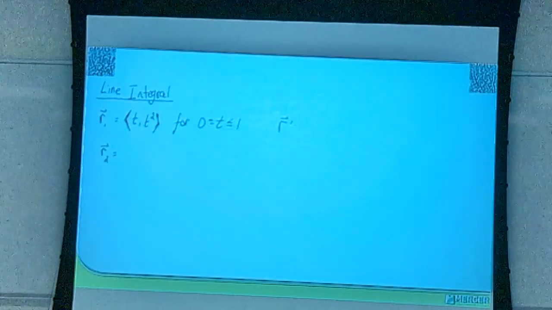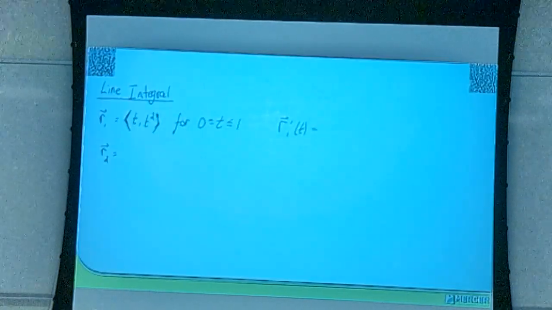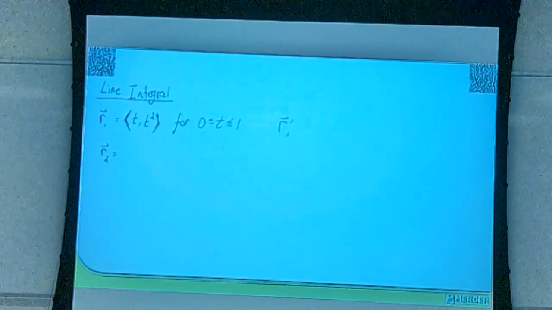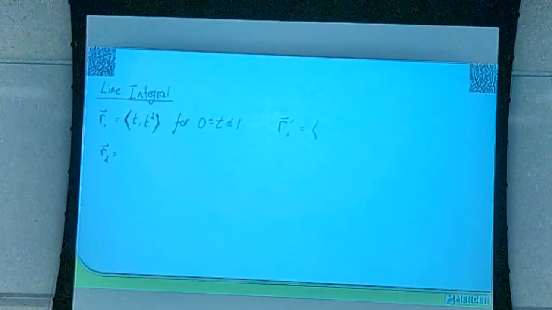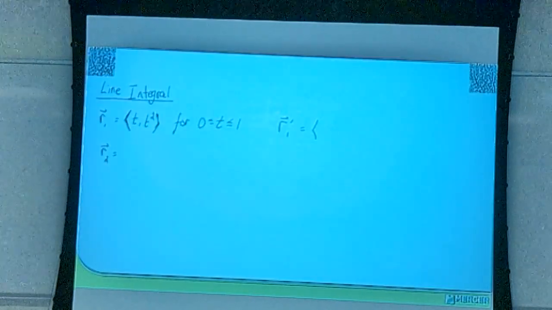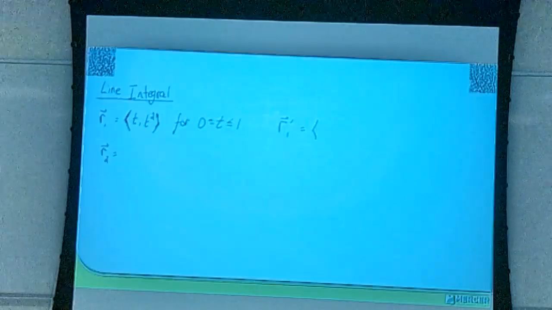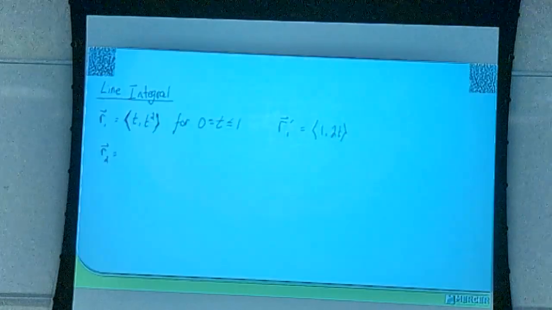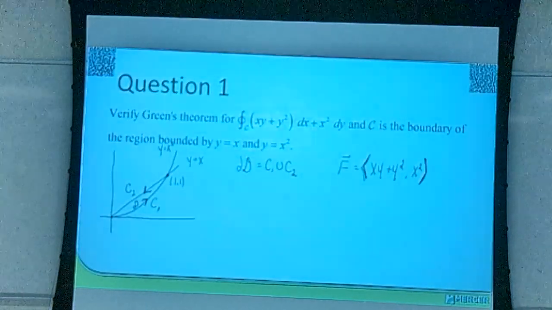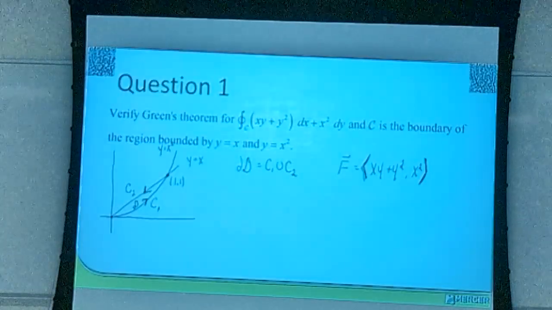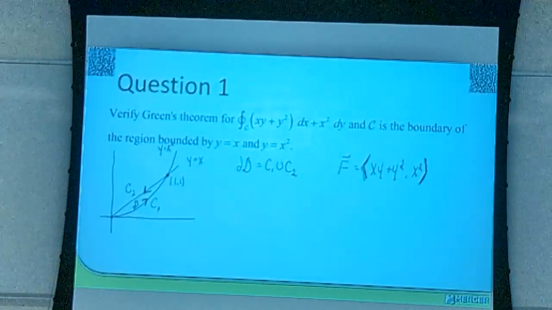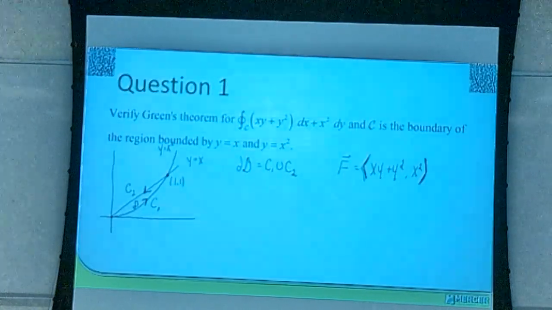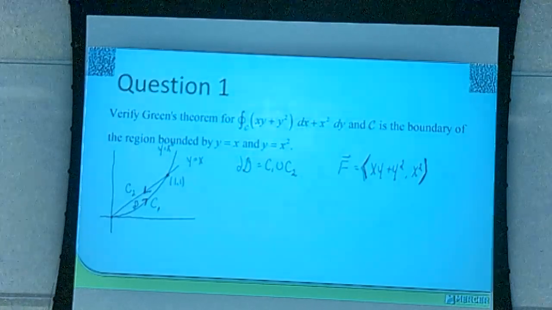We're also going to need r1 prime. Then r2 is just t, t.